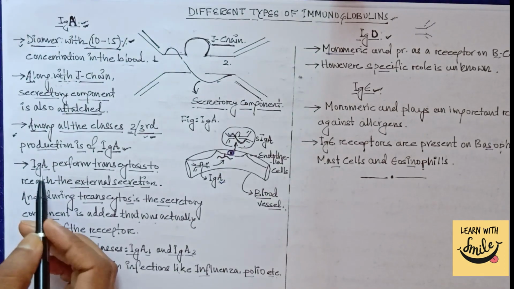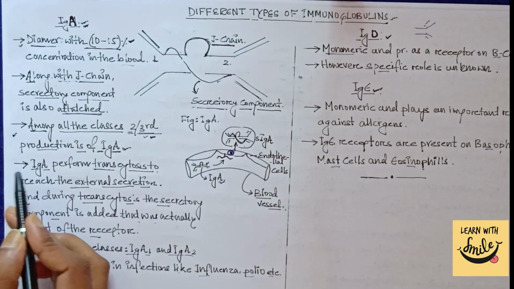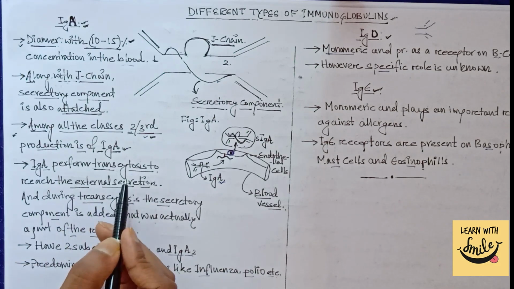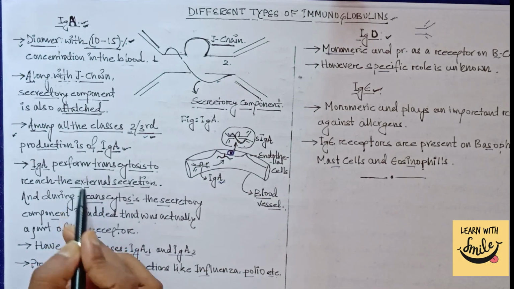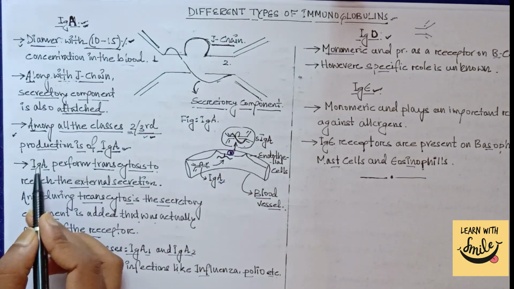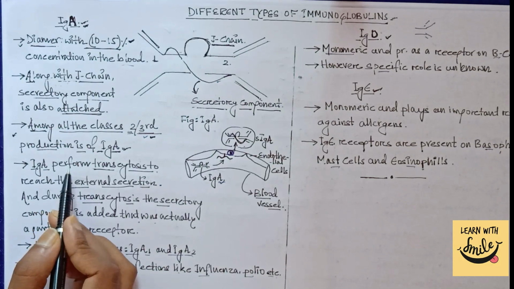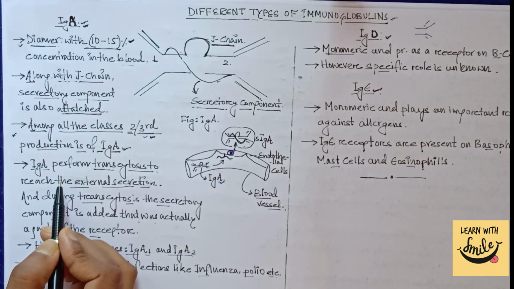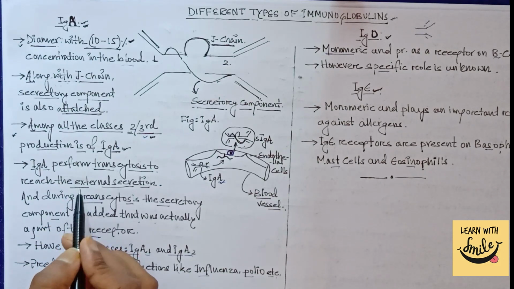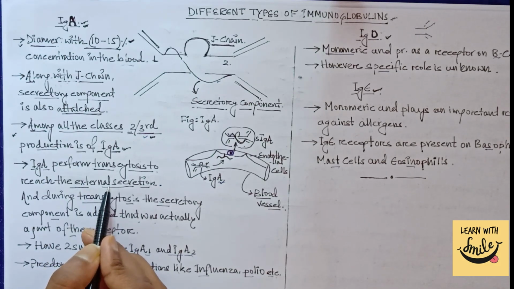The next statement says that immunoglobulin A performs transcytosis to reach the external secretion. By analyzing this part, one thing is very clear: immunoglobulin A does not have an active role within the blood circulation, and therefore it needs to reach the external secretion, where it has the active role we are talking about.